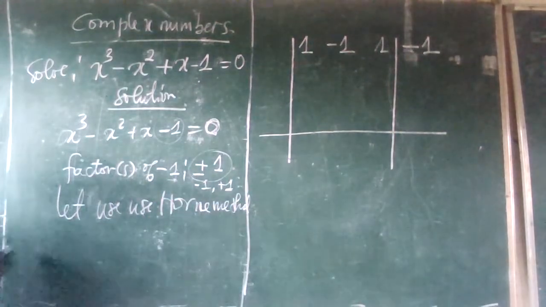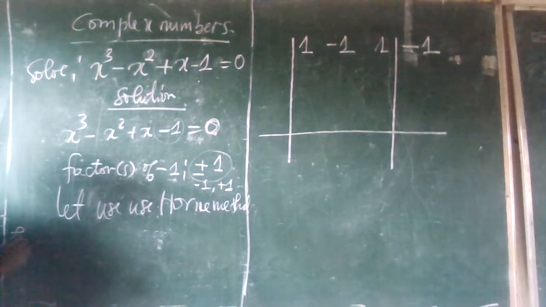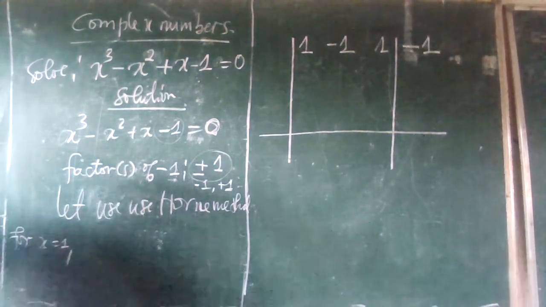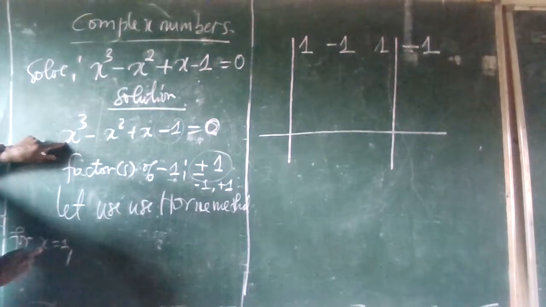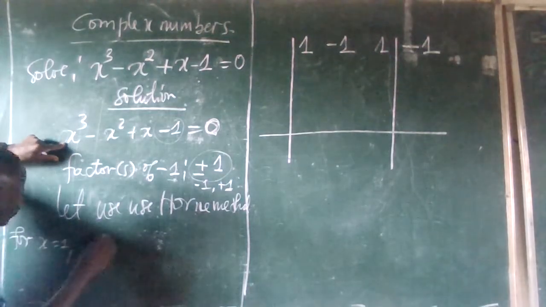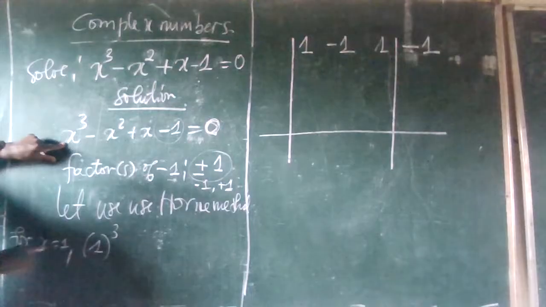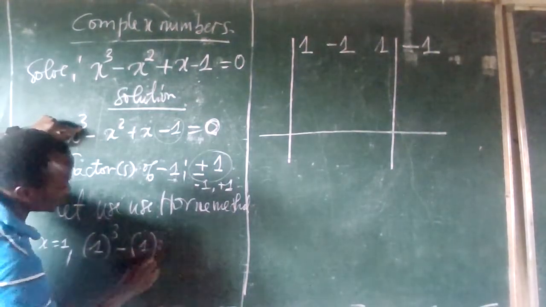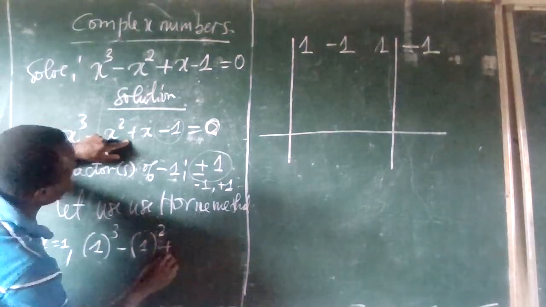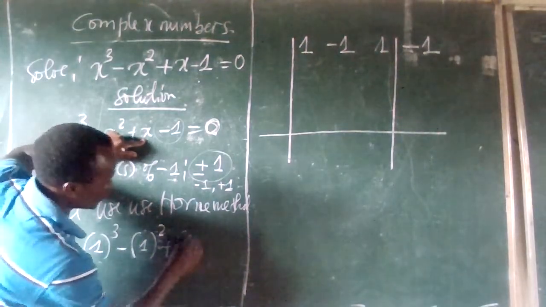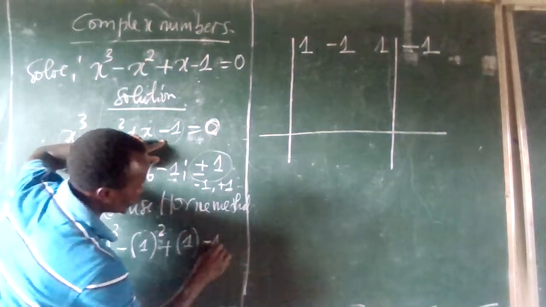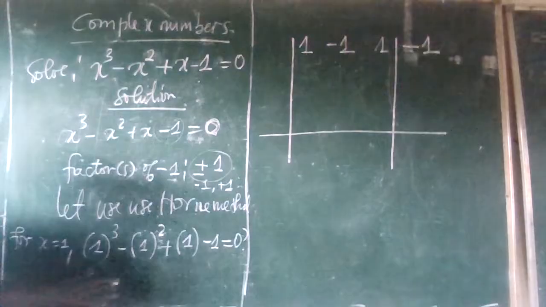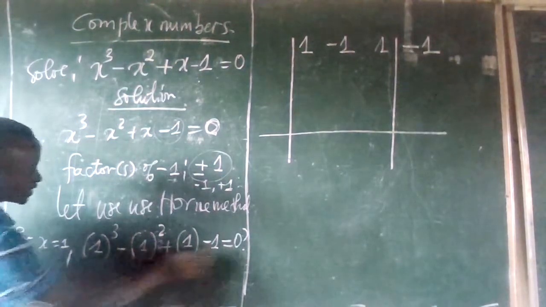Let us take, for example, x equal to 1. Then we substitute x by its value: 1 power 3 minus 1 squared plus 1 minus 1 is equal to 0.